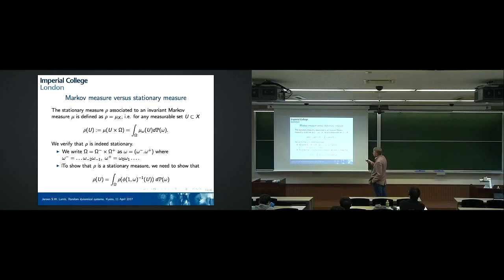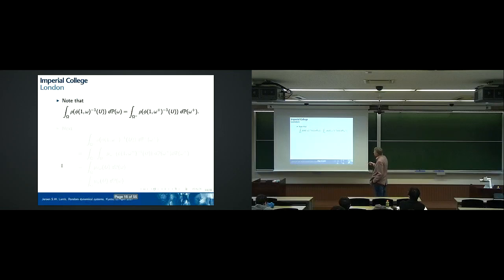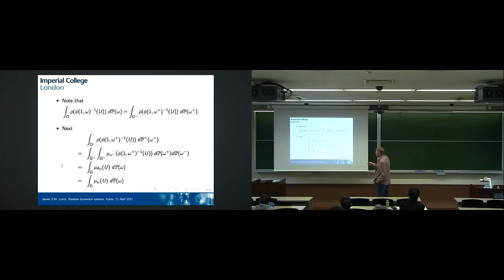But now here's the mu omegas, and this only depends on the past. So when I take this integral of the mu omegas, I can restrict just to the past, because this mu omega just depends on the past. So the argument here is an omega plus, and the argument of the other omegas is just over the past.